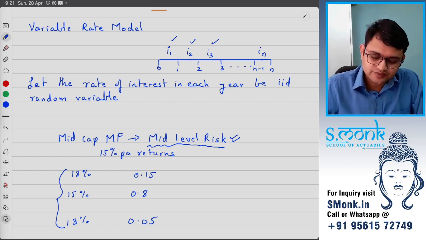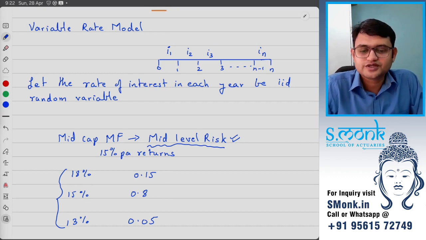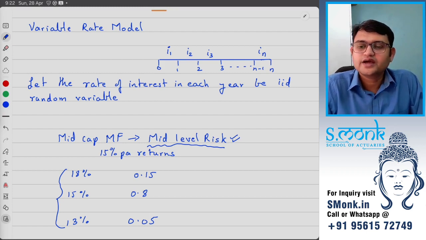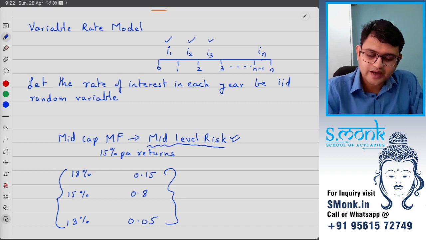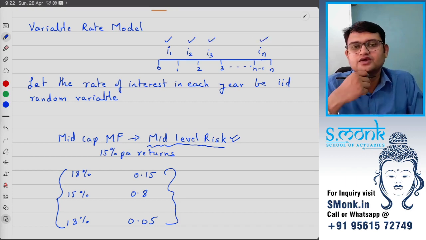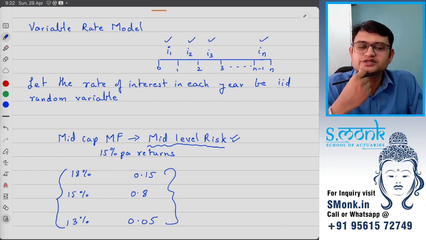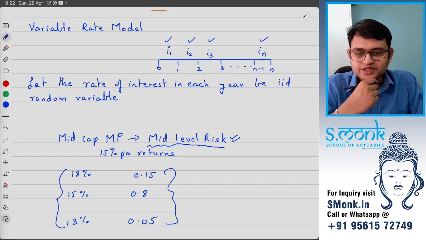But we'll assume that the rates of interest are independent of each other, and also they are identical. That means the same distribution I will expect for I1, I2, I3 as well as IN. For each rate of interest, the distribution remains same.